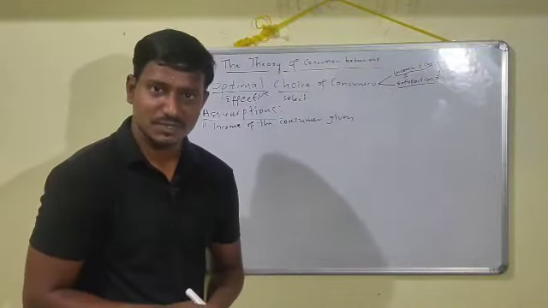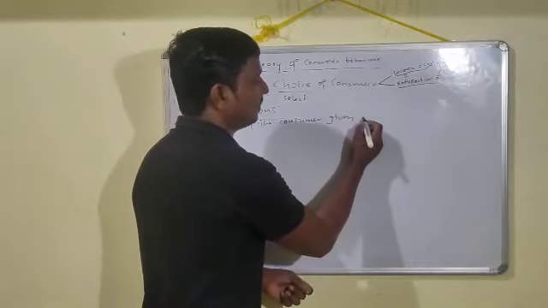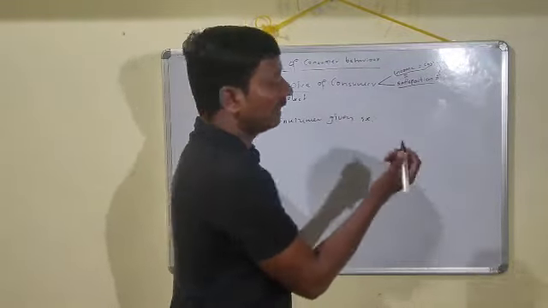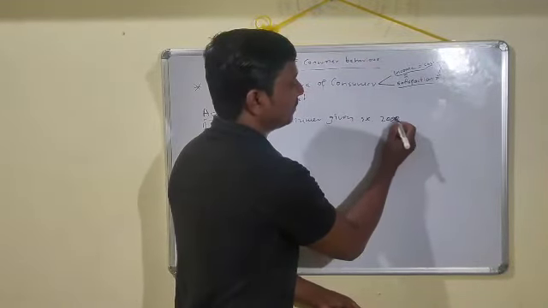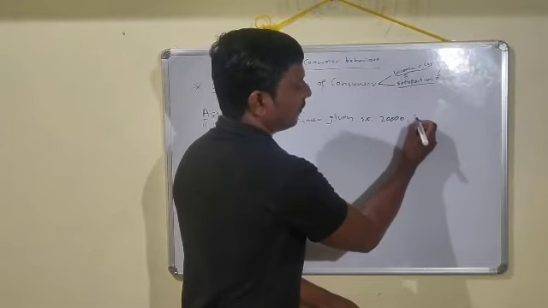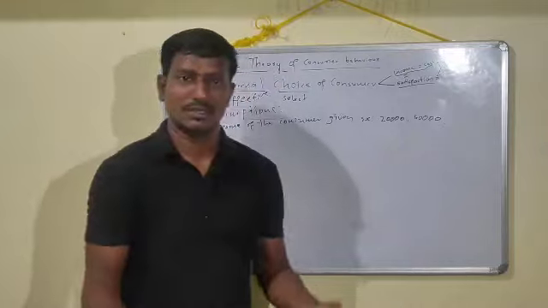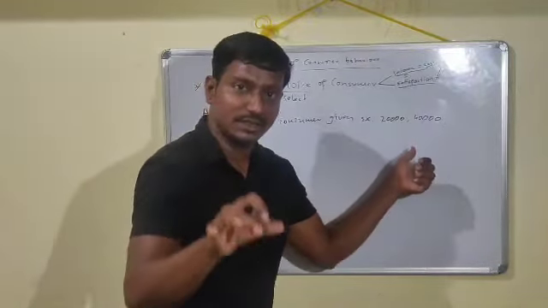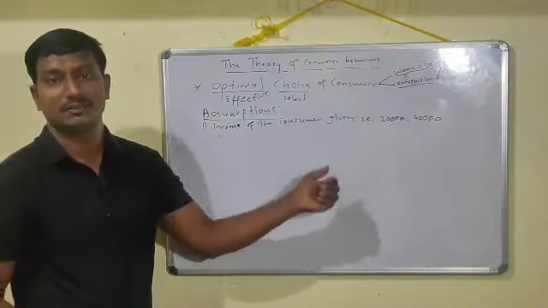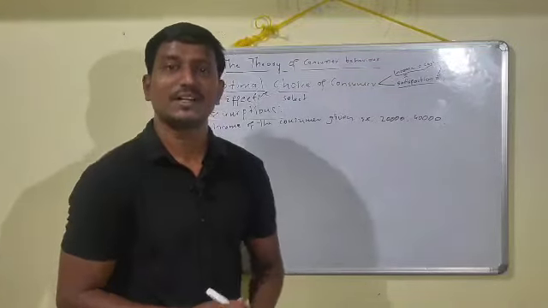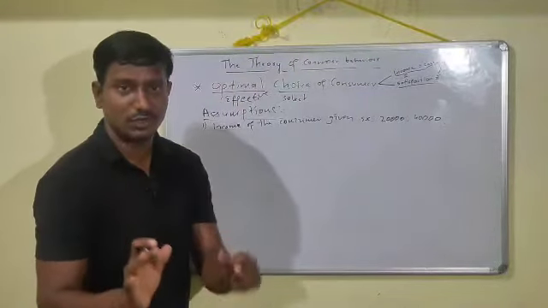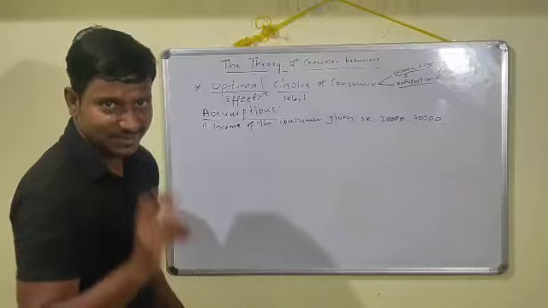How much income a consumer has must be given here. For example, a consumer may have 20,000 rupees, or 40,000 rupees, or 50,000, or 10,000. How much income the consumer has must be known well in advance. We must know the income of the consumer. That is the first condition we should know before understanding the optimal choice of a consumer.